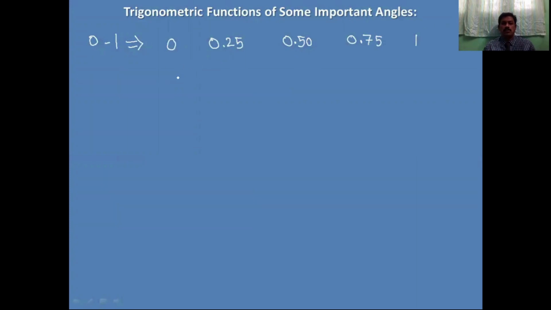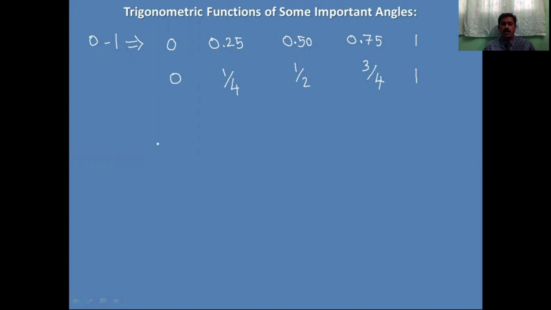Now I'm going to write this in fraction form. So it is 0 only. Here it is 1 by 4, here 1 by 2, and this can be written as 3 by 4. It is 1 only.